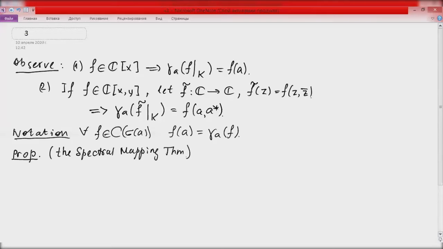So for each continuous function f on the spectrum of A, as before, I assume that little a is a normal element in our unital C-star algebra. The spectrum of the element f of A is the image of the spectrum under f.